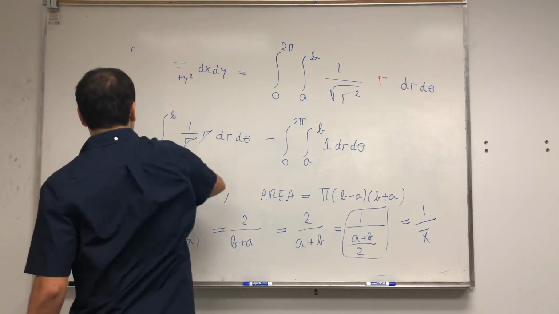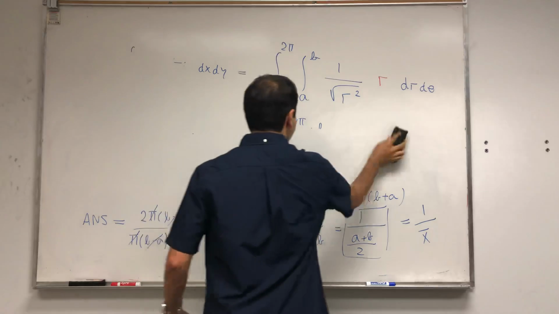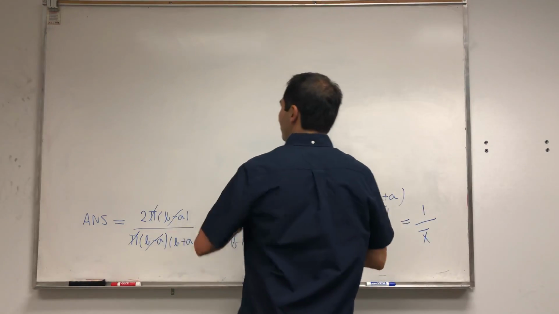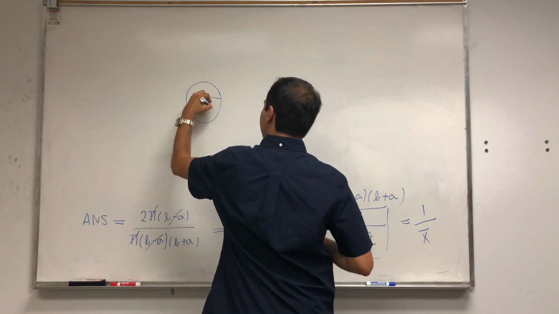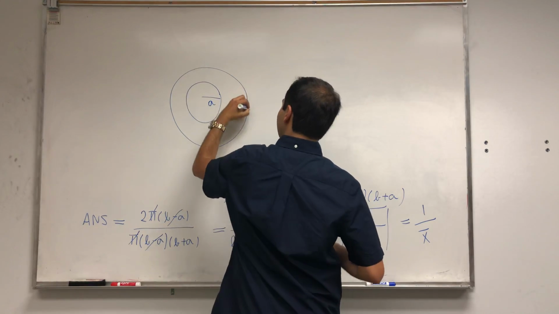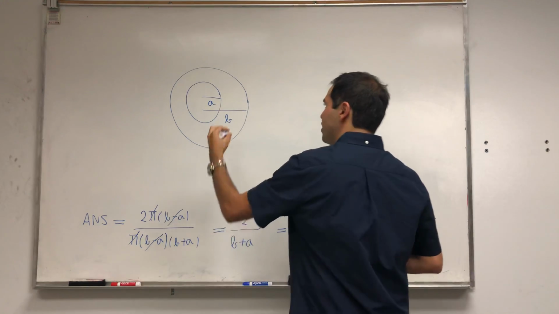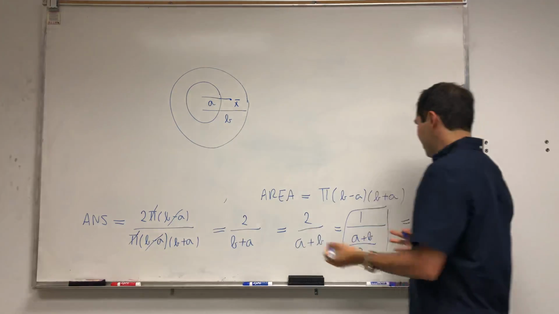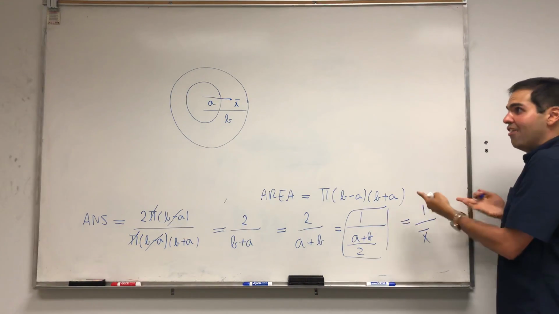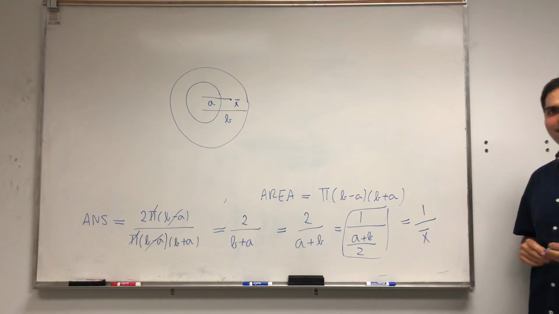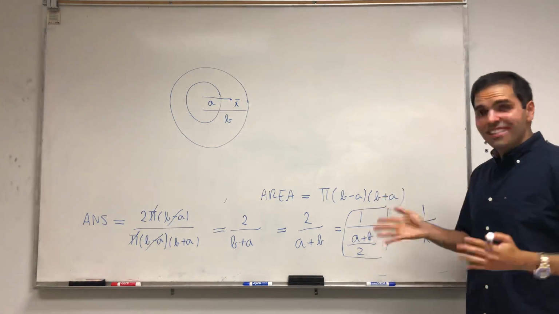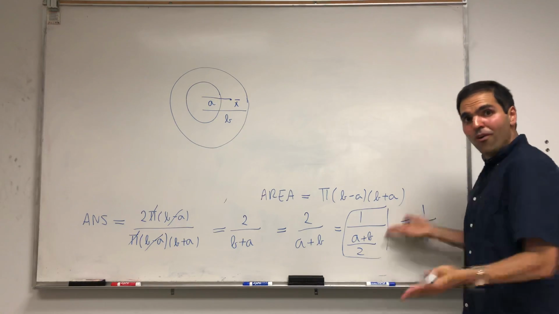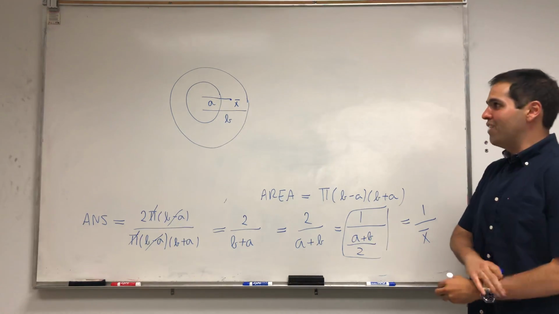So, let me illustrate this. You have those two circles, one of radius a and one of radius b. Then the average value is in the middle, and the average value of this function is 1 over x bar. And the nice thing is, this average value only depends on the average of a and b.